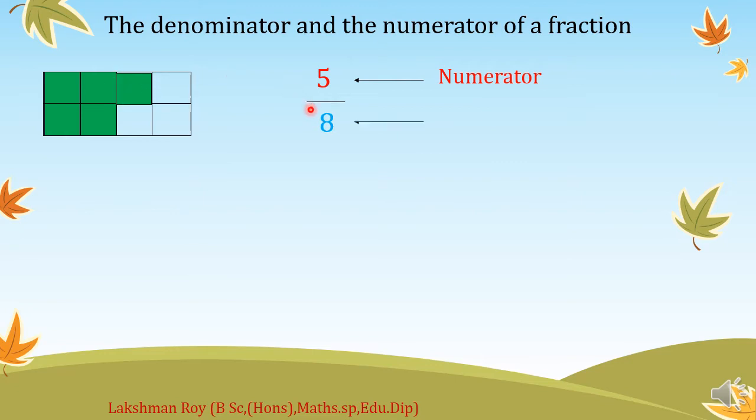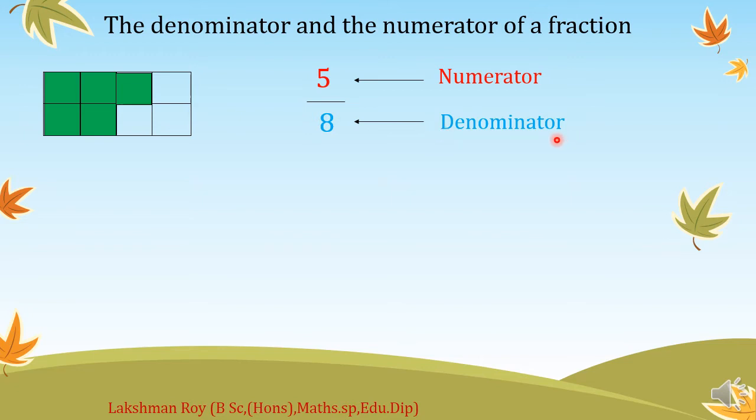Then another number you can see here, 8. This 8 is below the line, so that number is called the denominator. So remember, the number above the line is the numerator, the number below the line is the denominator, right?